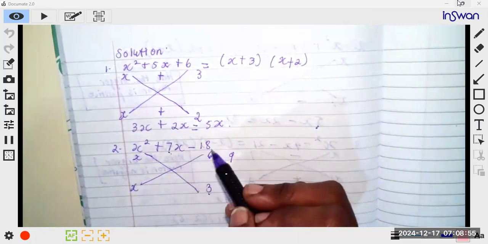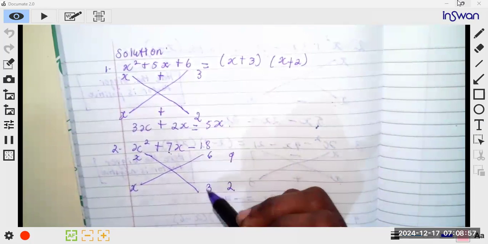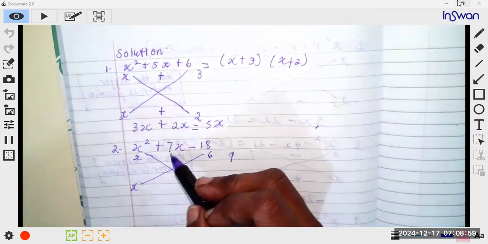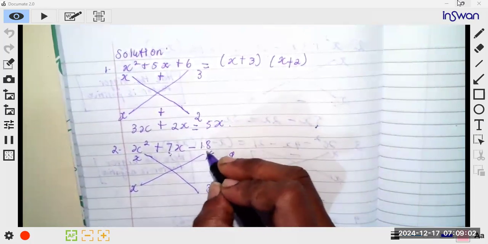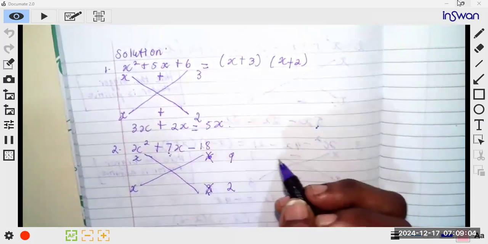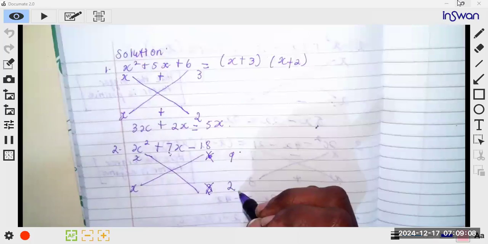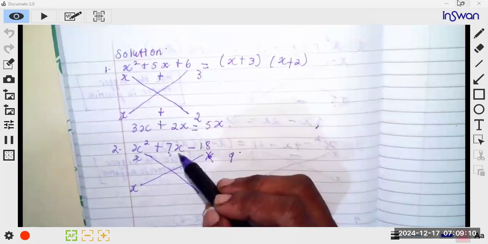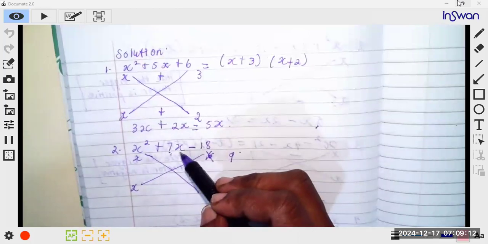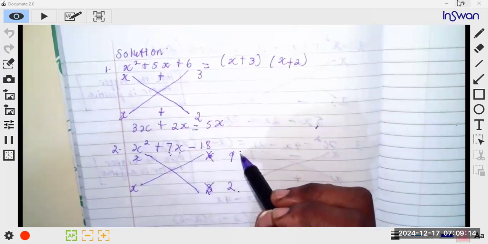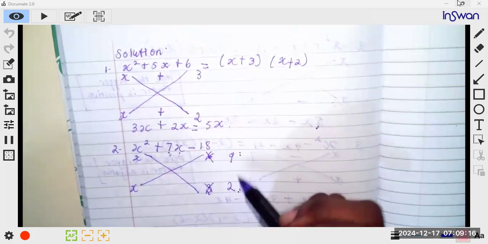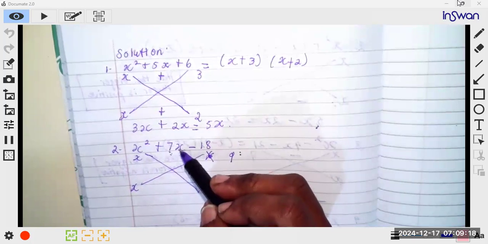Nope. 6 plus 3, would we get 7? Nope. So these two factors we wouldn't use. Or watch this: 9 plus 2, would it be 7? No. But if we say 9 minus 2, we will get 7.